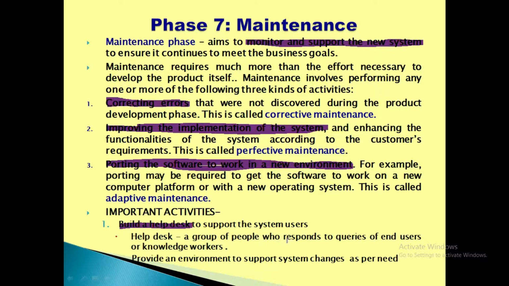Why this? Because for perfective maintenance, for corrective maintenance, for adaptive maintenance, it is important to have a dynamic environment where all the support system changes can be done very easily. To provide such an environment is an important activity of maintenance.